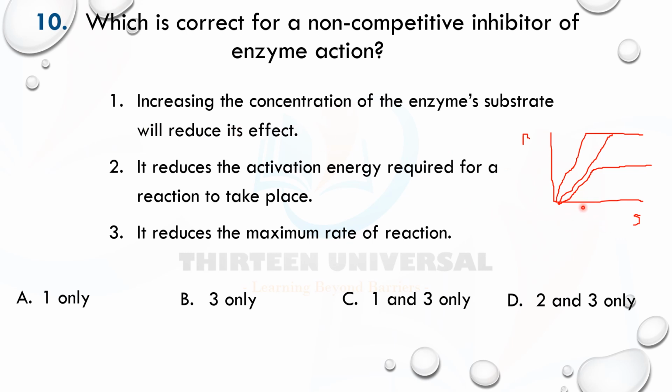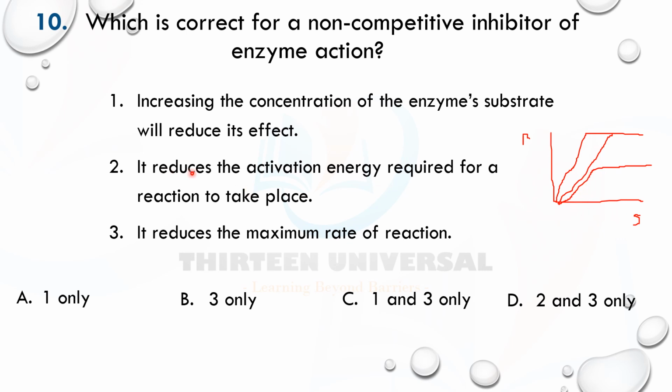No, it does not, because even if you increase the substrate concentration, it does not reach the highest rate of reaction. It stops here, even though we are increasing the substrate concentration.